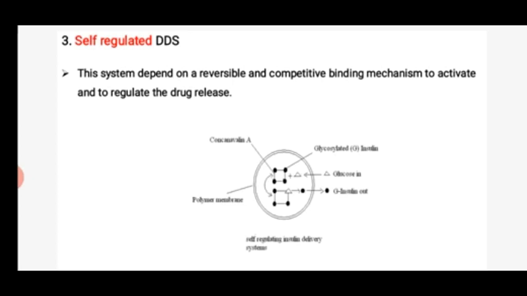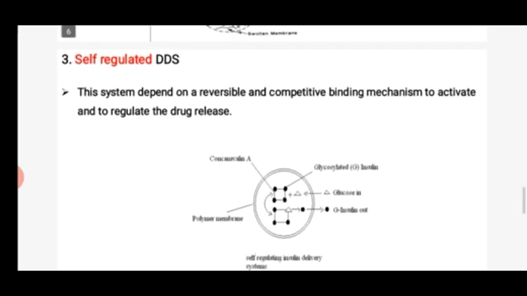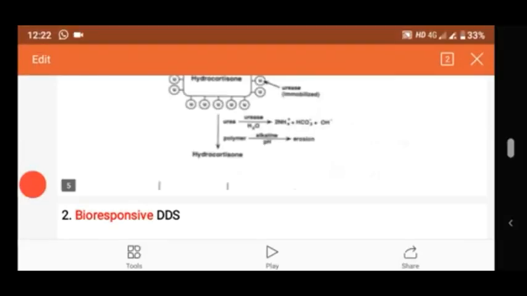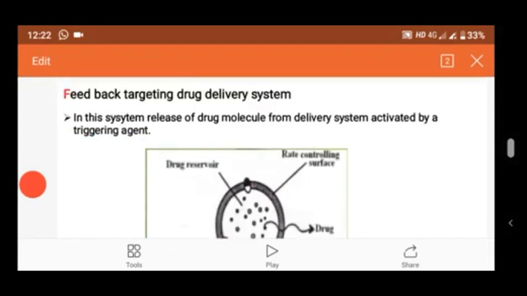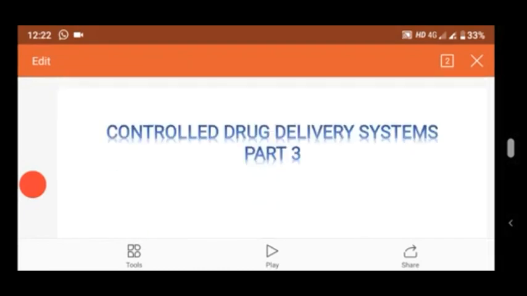Complexes can also be formed between the drugs and small molecules such as caffeine. When you drink coffee in the morning, the coffee contains an active drug which is caffeine.